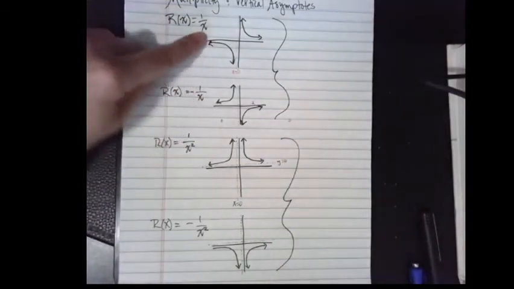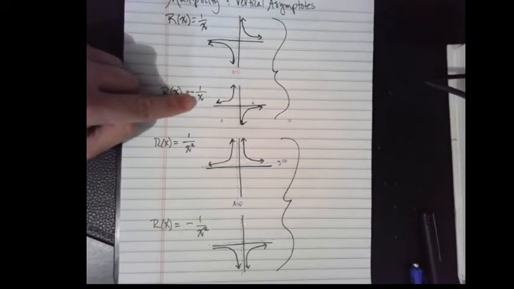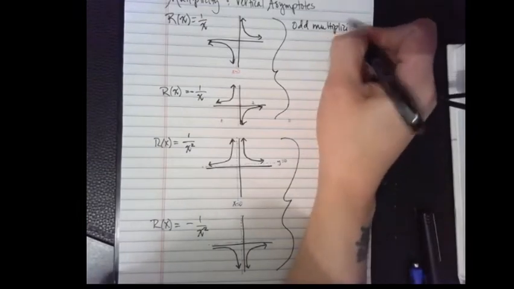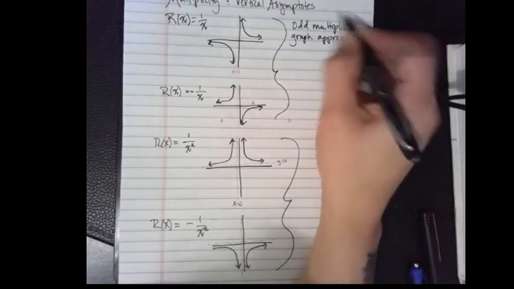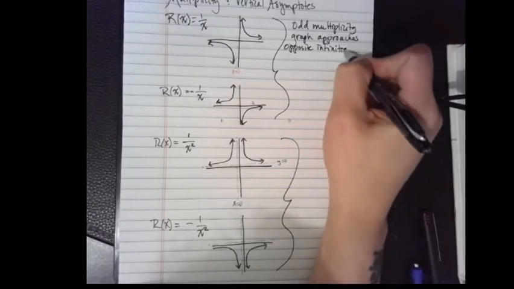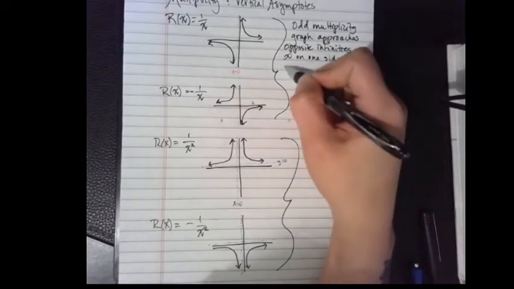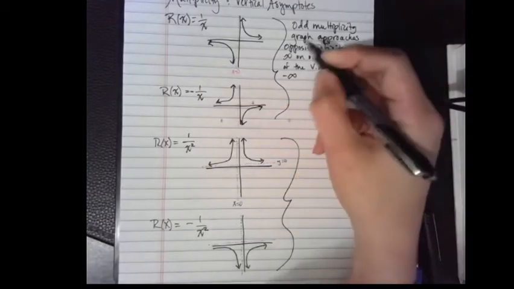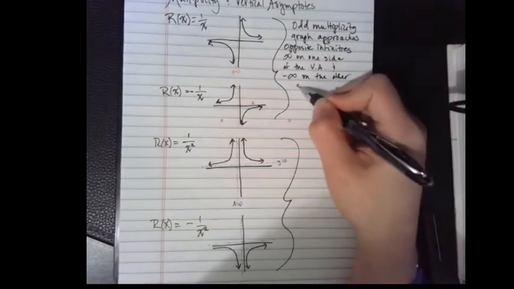So here, my highest exponent is 1. That's an odd number. Here, my highest exponent is 1. It's an odd number. So for an odd multiplicity, the graph approaches opposite infinities, so infinity on one side of the vertical asymptote and negative infinity on the other side.